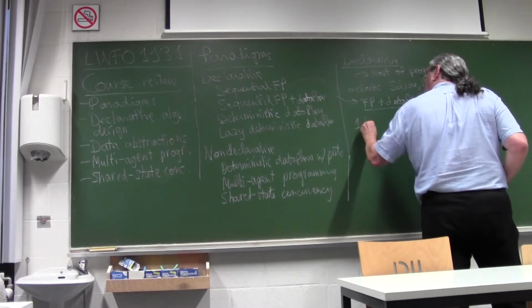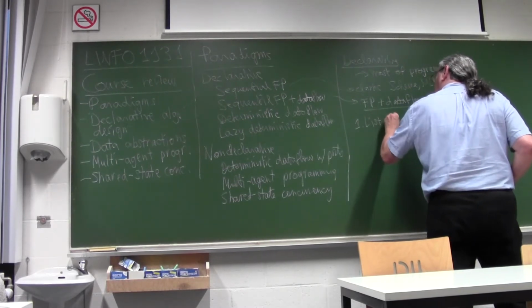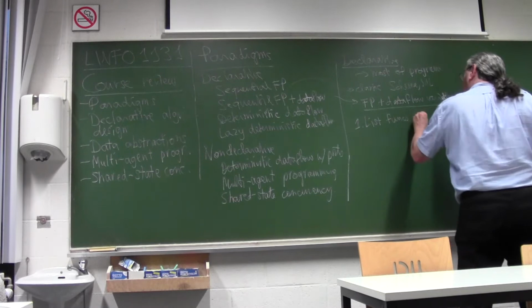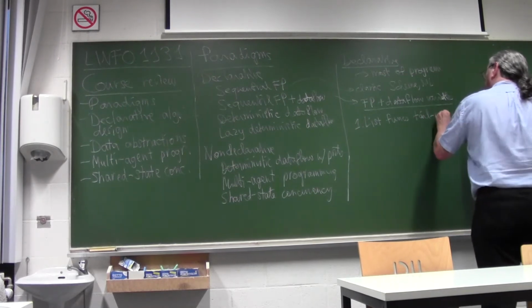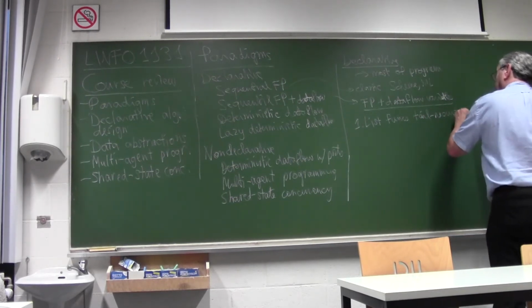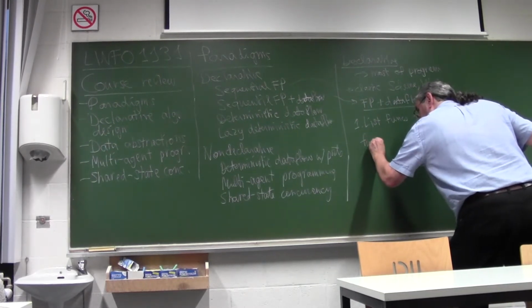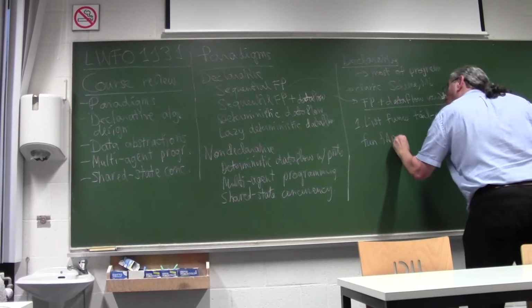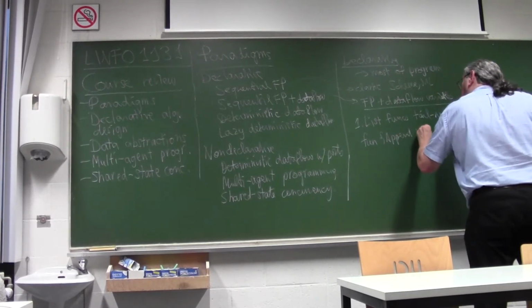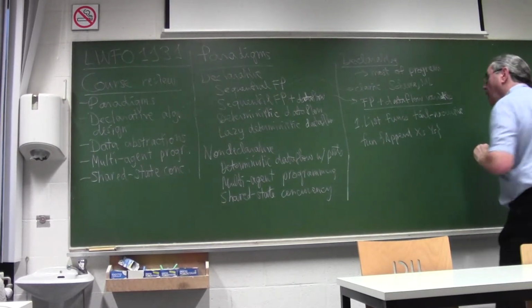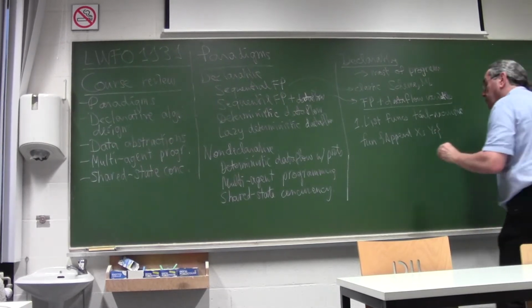One reason is that list functions are tail recursive. Okay, if you look at Append, the Append function, let me write it here, and then I'll show you why it's tail recursive.